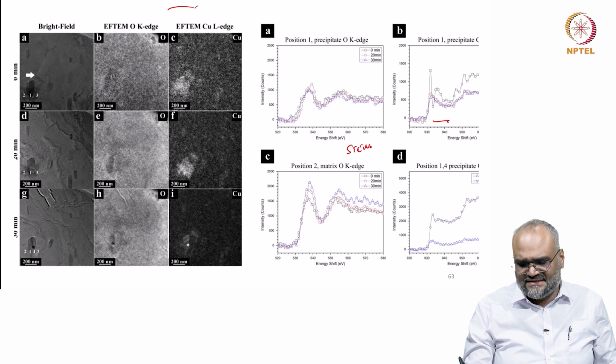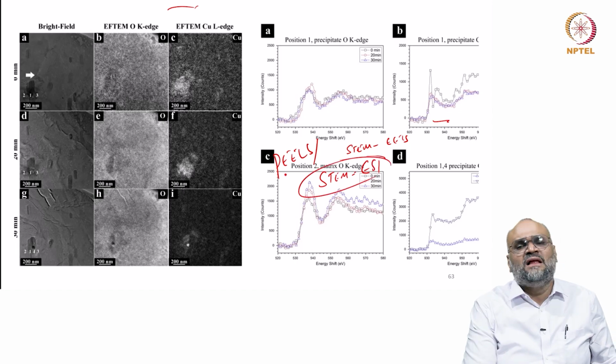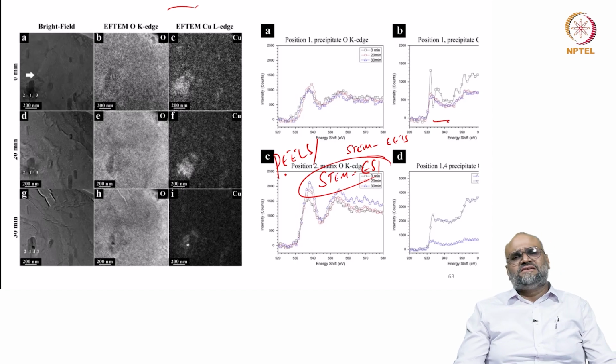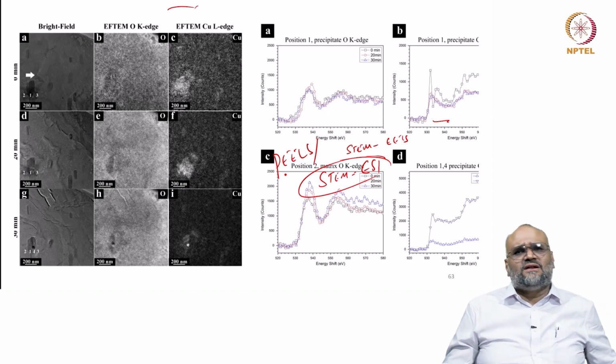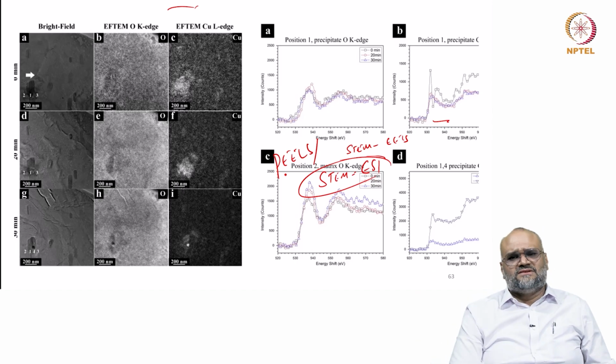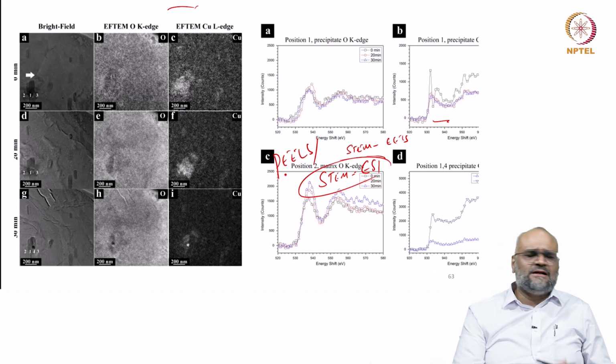So this is called STEM EELS, and people call this either PEELS or STEM EELS electron spectral imaging. And with this, with a very good spatial resolution, you can also get the spectral information from each of the pixel where your electron beam is rastering through. So this is about the analytical signals you get in a transmission electron microscope.